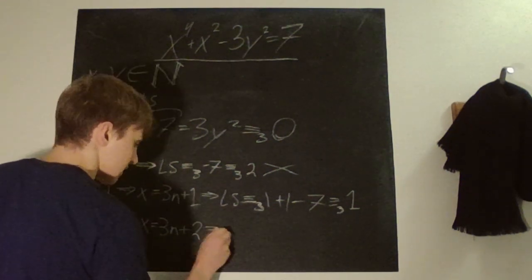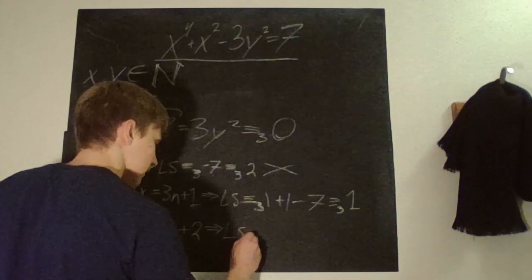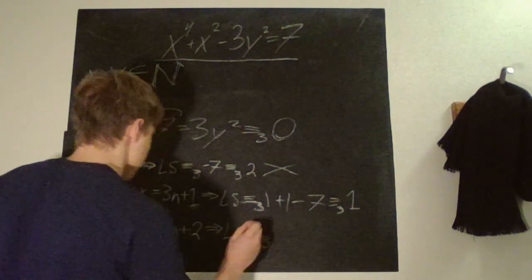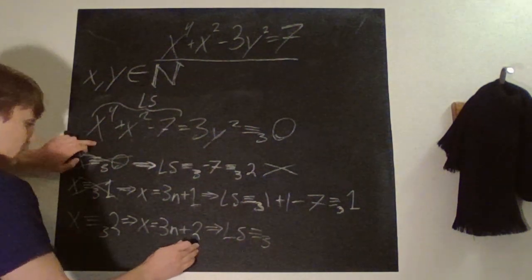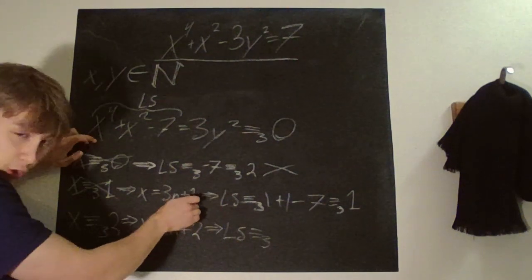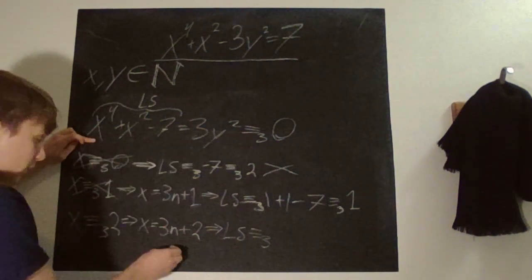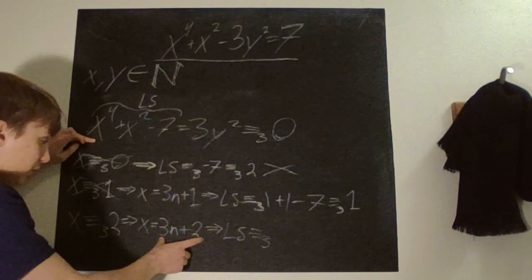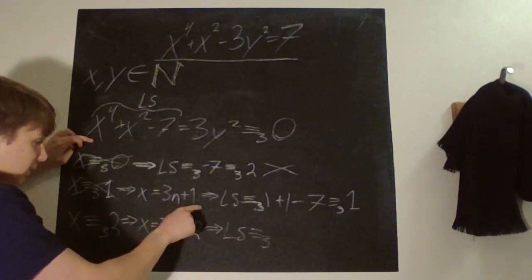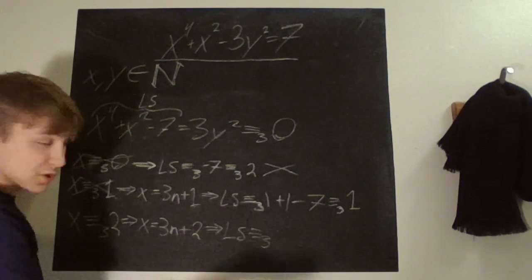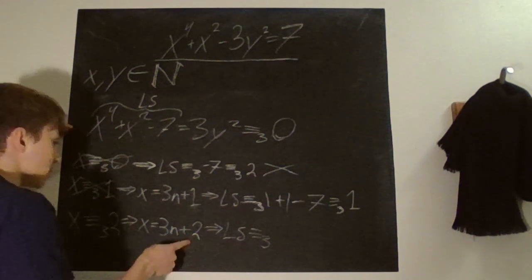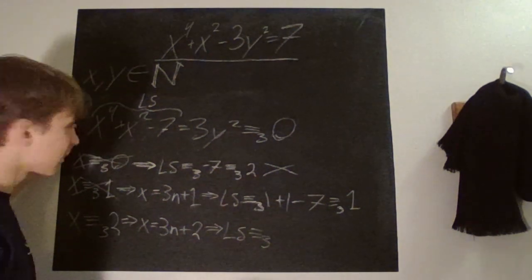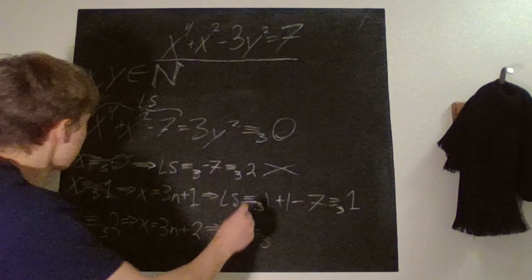So what does this mean? It's the same thing here. The only term left from this to the power of 4 is, in the previous case, 1 to the power of 4, which is just 1. And here we have 2 to the power of 4. What is 2 to the power of 4? It's 16.